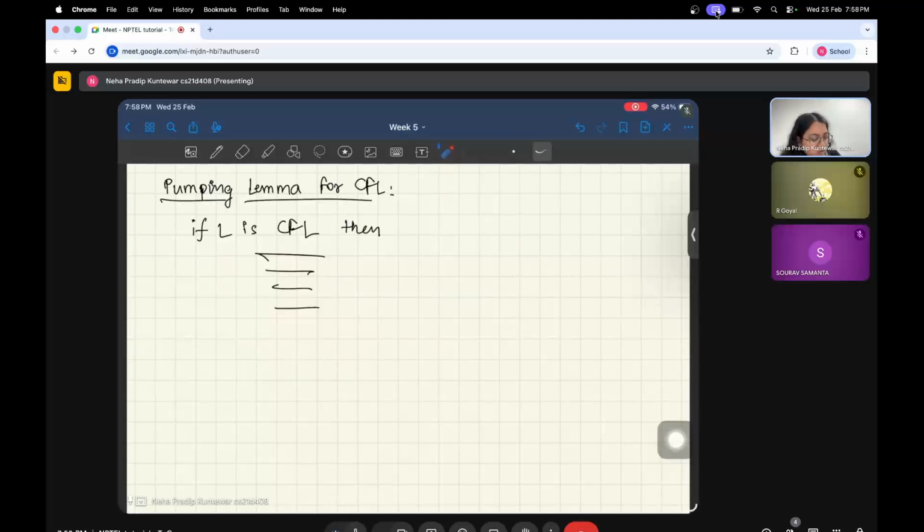The statement is very similar to the pumping lemma for regular languages. Let's say p is the pumping length. For all w in L, length of w is at least p.